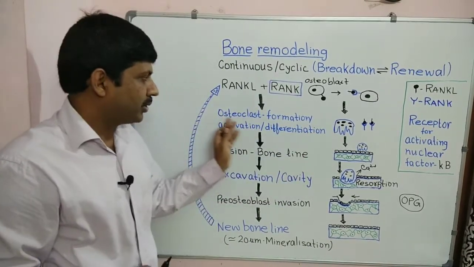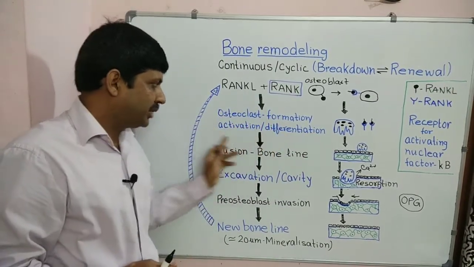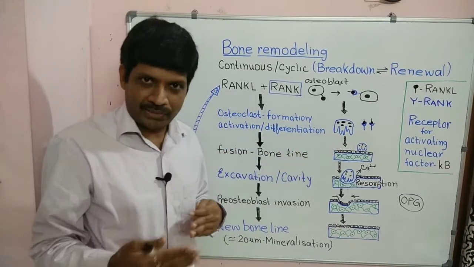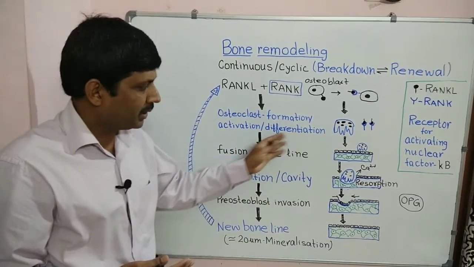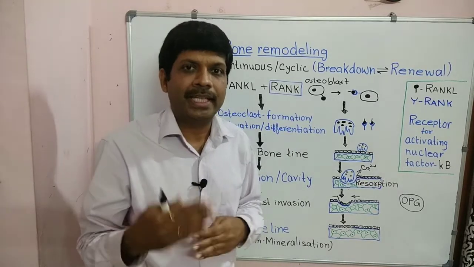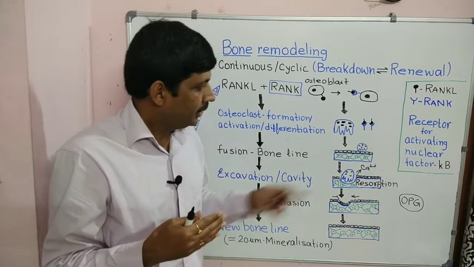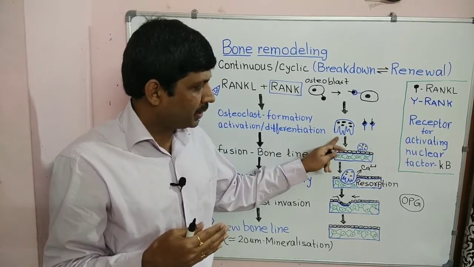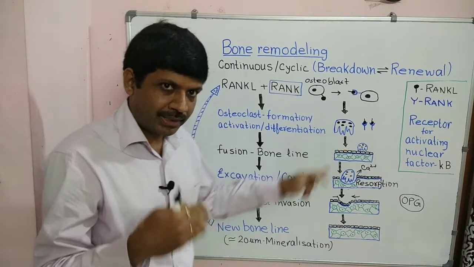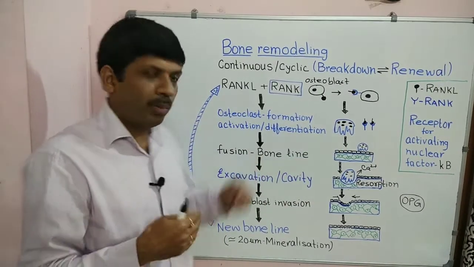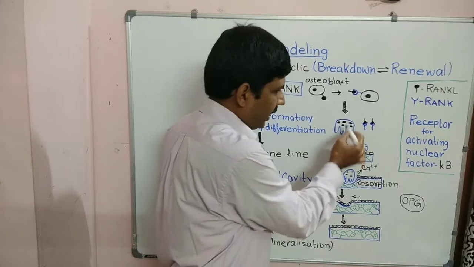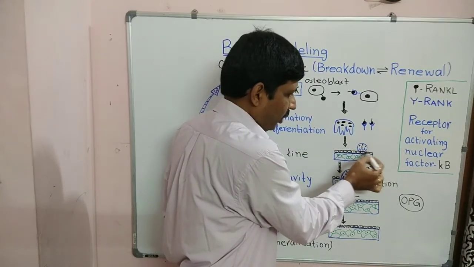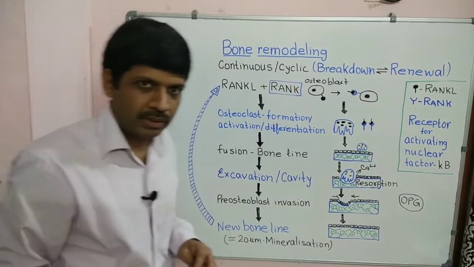Now the second point is osteoclast formation. The mature osteoclasts get activated, whereas in the osteoclast precursor the differentiation increases. So osteoclast is formed. Now the next in line is fusion with the bone lining. This osteoclast goes to the bone lining and fuses with it.